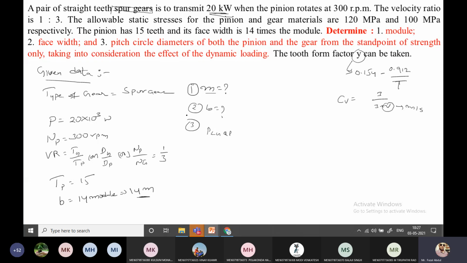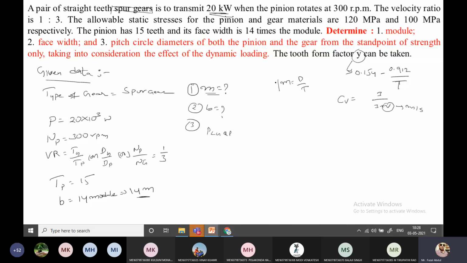Okay. Now these three parameters are asked in the question. To calculate the module, in the previous question, what procedure did we follow? We took into consideration avoiding the interference. TP we calculated by center distance, and finally dp value, TP value we calculated, and module m is equal to dp by TP, that is d by t.